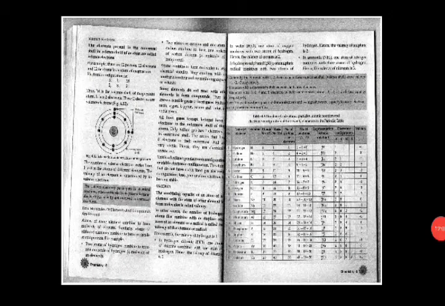Next, question 9, why are some elements unreactive? So again I am repeating, what is the inert gas electronic configuration? Why do atoms combine? This is on page number 52, in the second column.